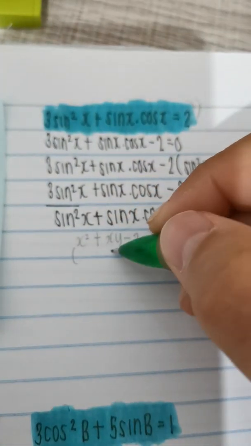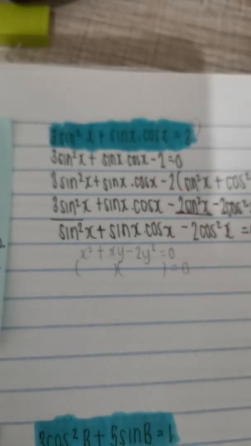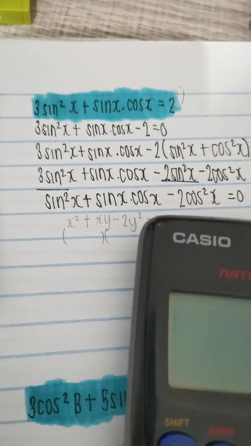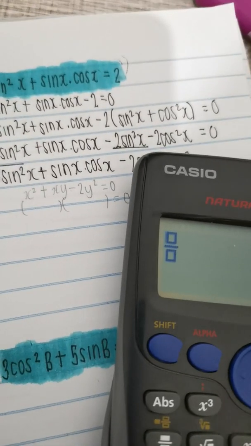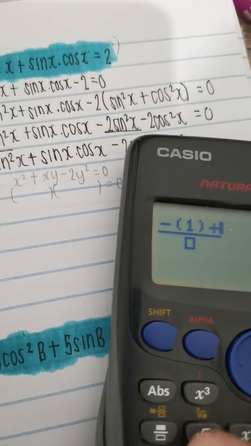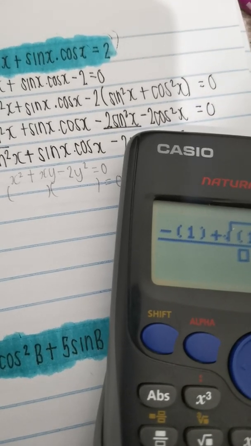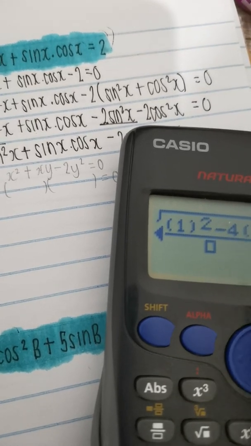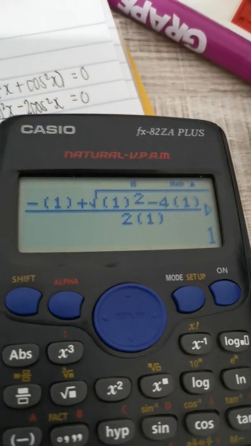I can then simplify this, and if you get stuck with this, if you have a silver calculator, you can use that on equation mode, or if you have the normal gray calculator, what you're basically doing, if you don't know it, is using the quadratic formula. Quadratic formula says minus b, so minus, our b value is 1, plus square root of 1 squared minus 4, a value is 1, and our c value is negative 2, all over 2 times 1, and it gives us an answer of 1.